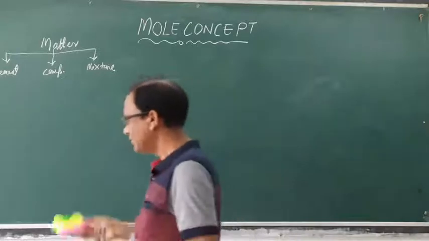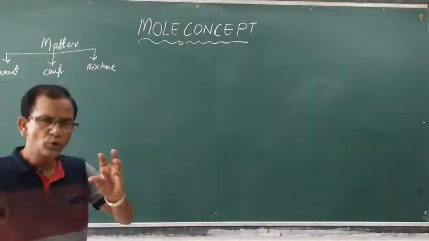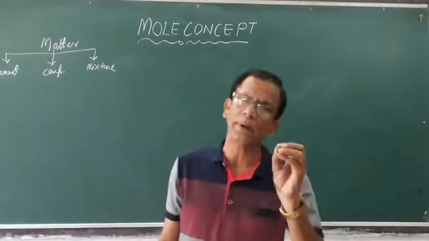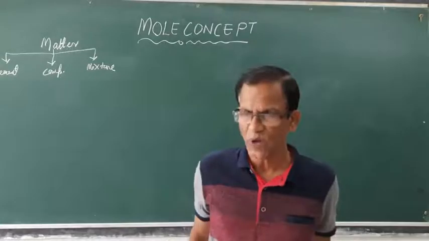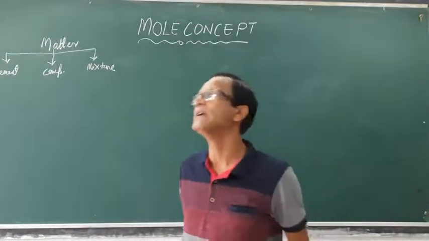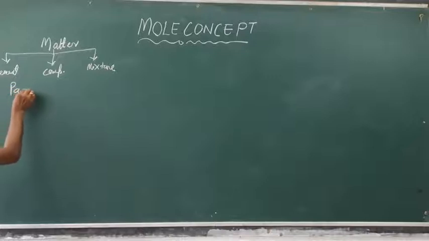So here one thing: how can you know the number of particles available in a particular substance? Particles of matter may be of 3 types.